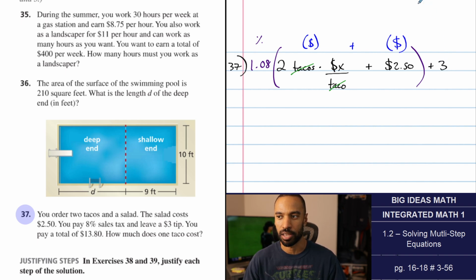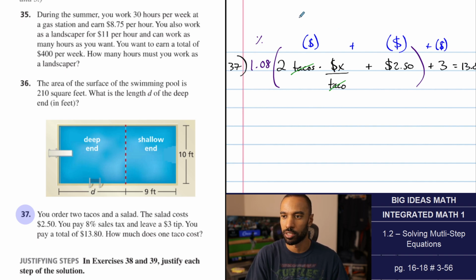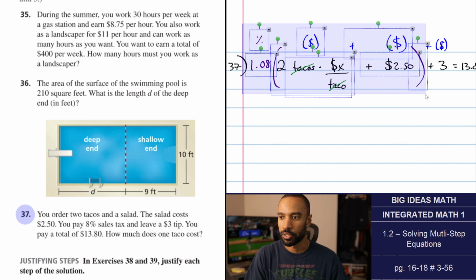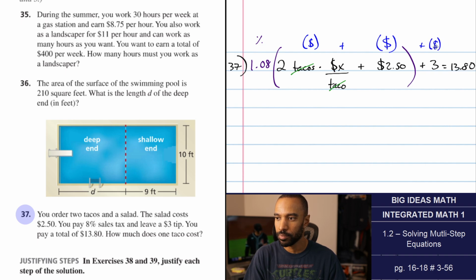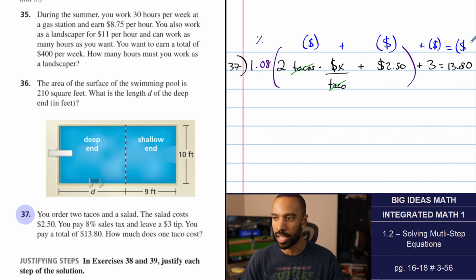That's something you'd probably just have to know. So this is dollars as well, plus dollars there, and the whole total amount, I kind of ran out of room, is $13.80. I'll squeeze it in. Let me find a way. But $13.80. So that's the end result of that, which is also dollars. Obviously, we still need to solve, and I'm going to write a cleaner version of what we're looking at here.